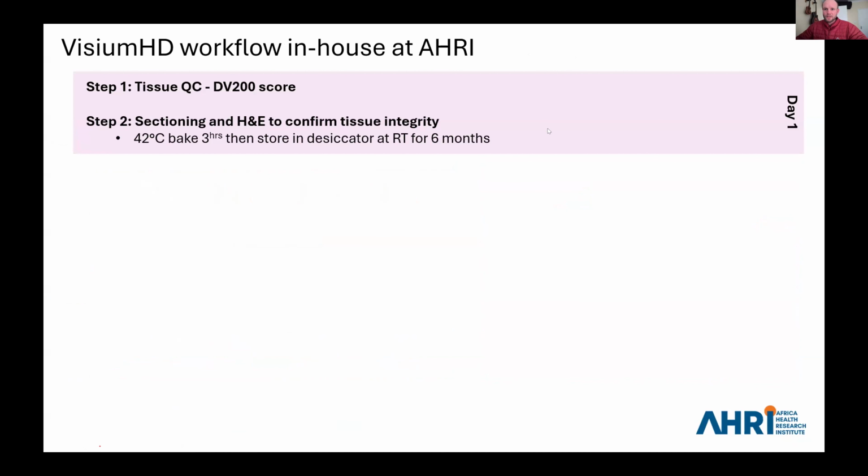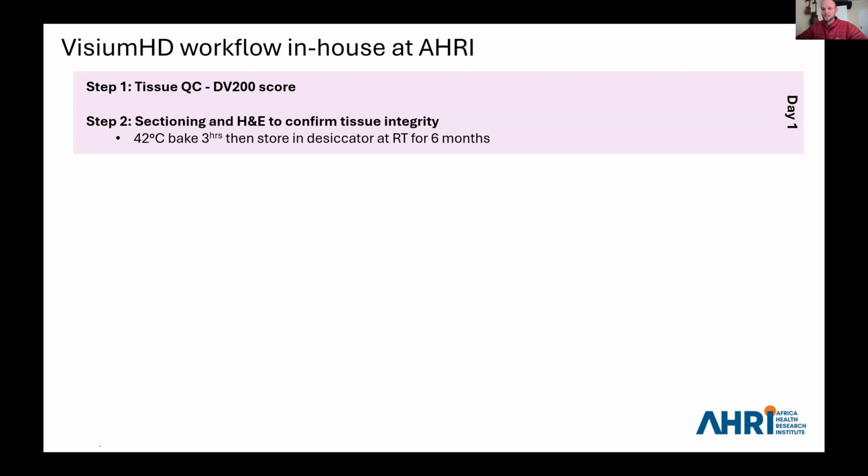This is our workflow. So essentially on the first day we do our tissue QC, which is we measure the RNA quality in your wax block sample, and this is done by DV200 score. If the sample passes, we then section samples. The QC is done on a 10 micron section.